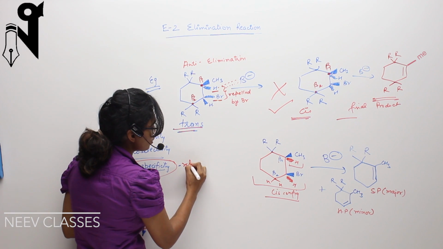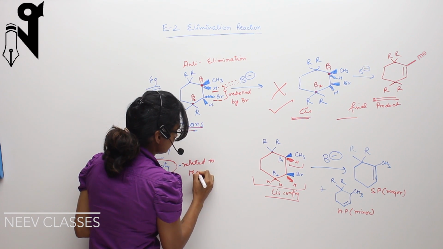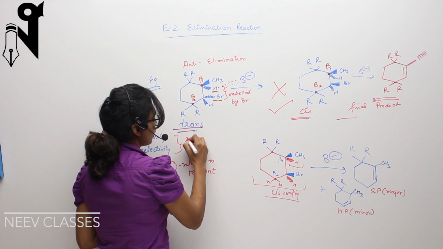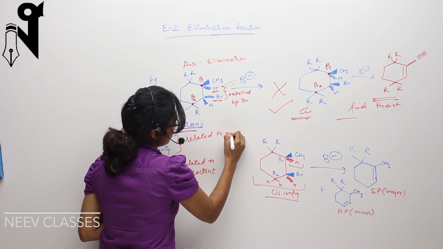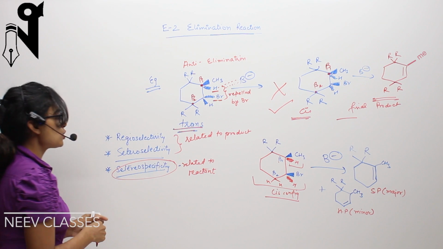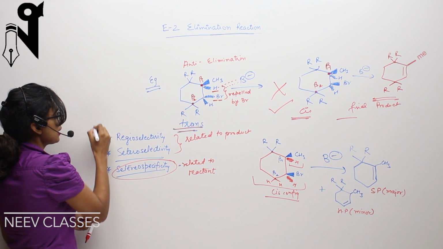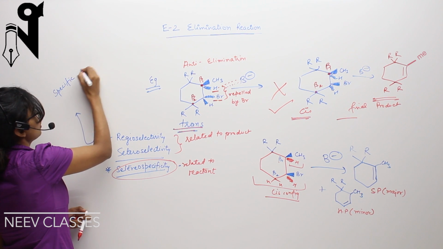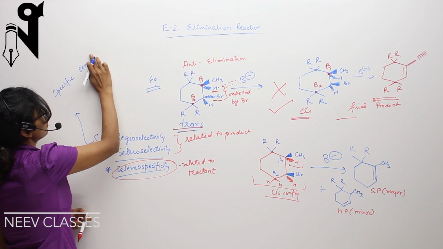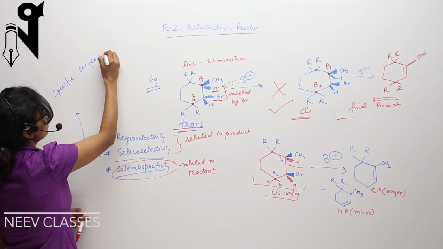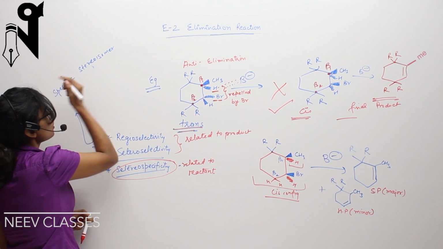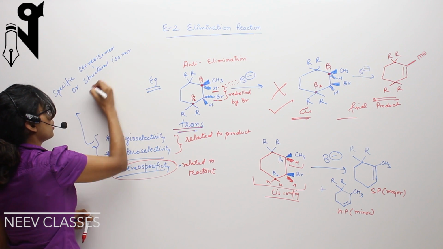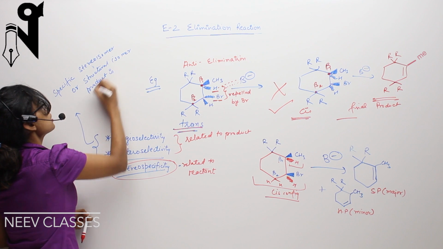So stereospecific is related to the reactant, whereas regioselectivity and stereoselectivity both are related to the product. That means in the case of regioselectivity and stereoselectivity, a specific stereoisomer or structural isomer of the product is major.